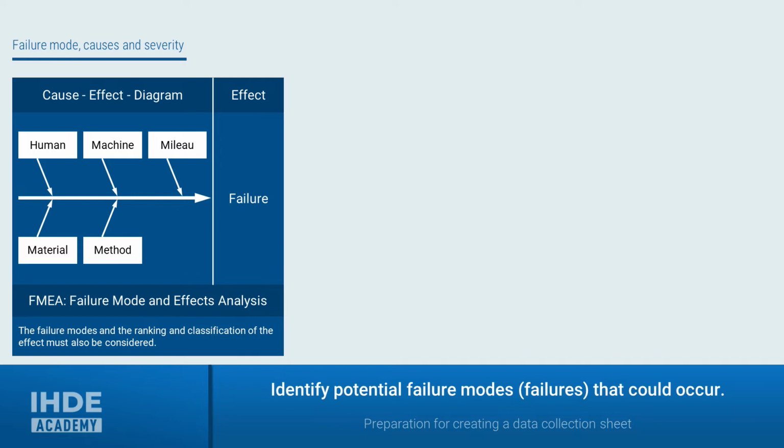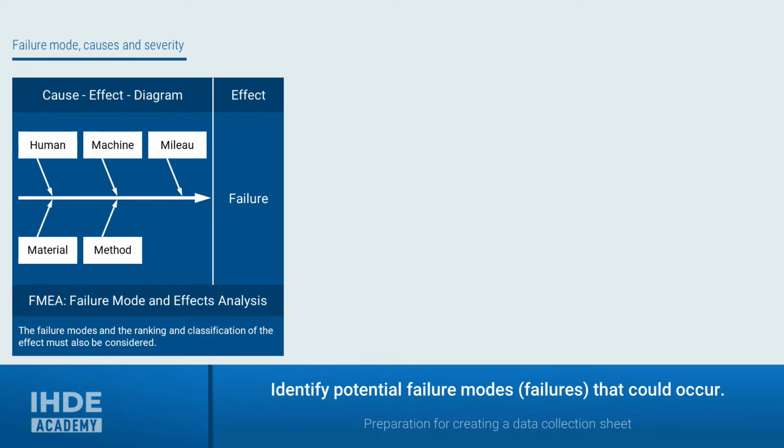Changing environmental influences can have a negative effect. The material used can be unsuitable or does not meet the specifications. Or the method is not the right one. All these causes should be included in your considerations to identify potential failures.